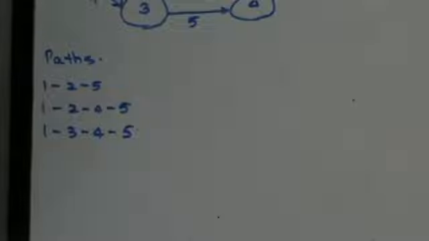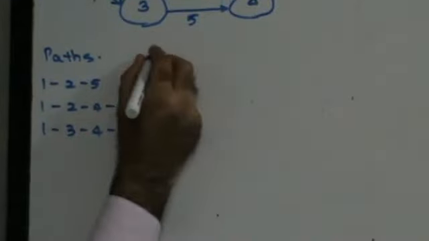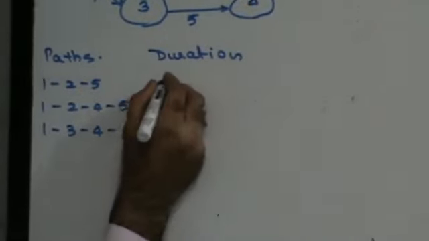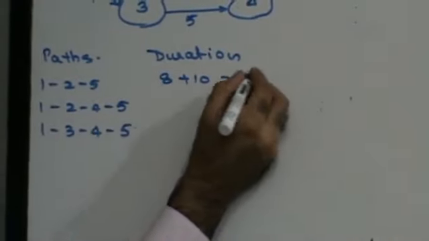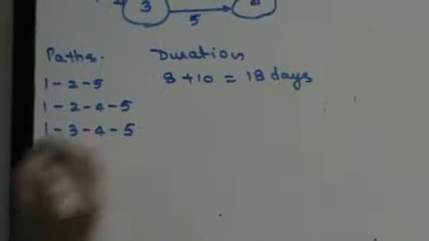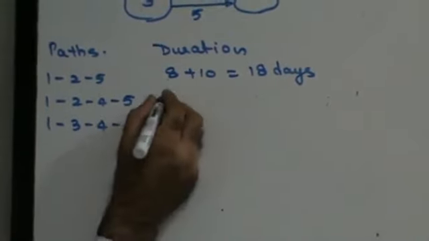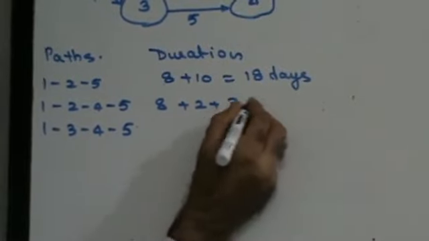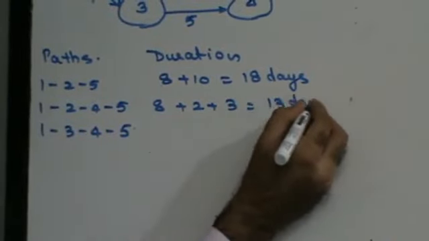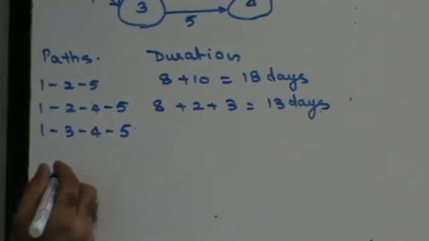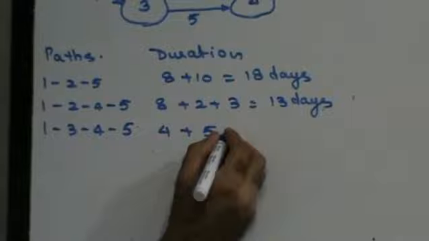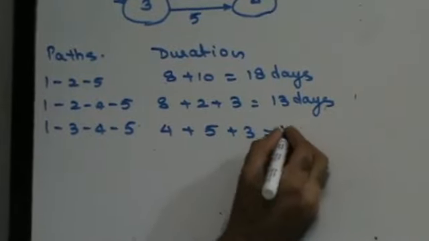Duration: 1, 2, 5 is 8 plus 10, 18 days. 1, 2, 4, 5 is 8 plus 2 plus 3, 13 days. 1, 3, 4, 5 is 12 days.